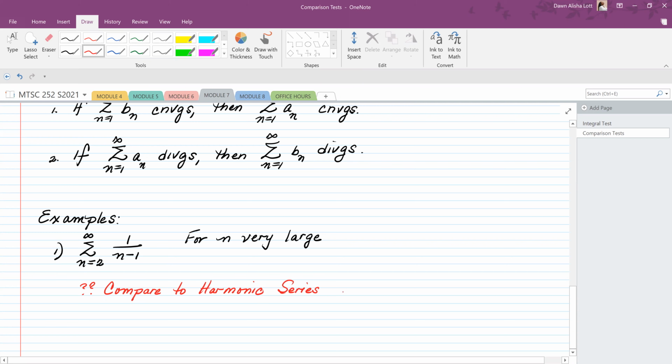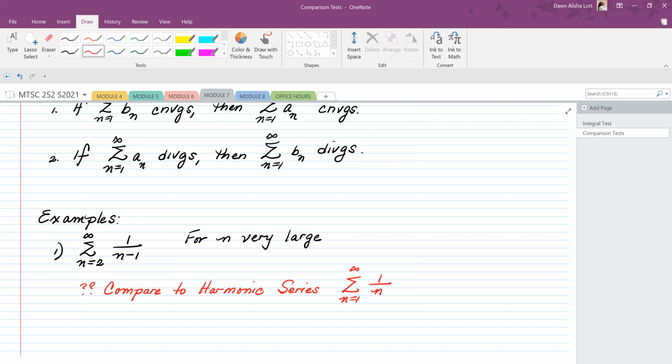The harmonic series is the summation n equals 1 to infinity of 1 over n. And this series just has one term off, so it's not that different. In fact, it pretty much is the same series where I start at 2 with n minus 1, I start at 1.